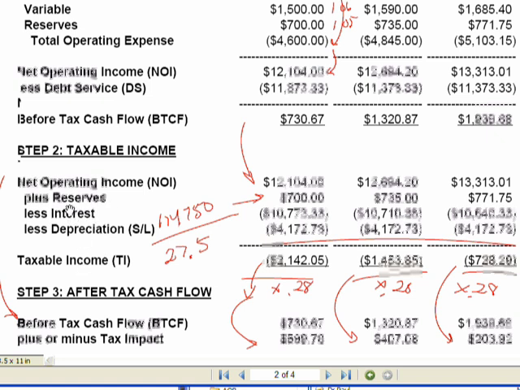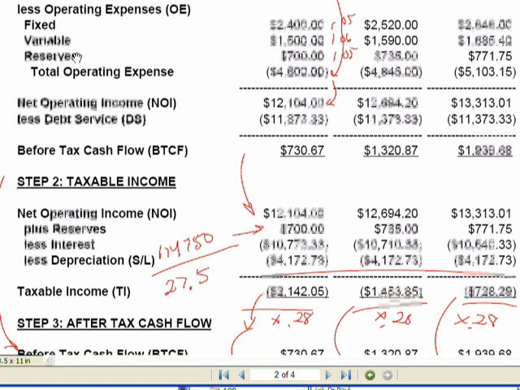The other thing, adding back the reserve, that's not a benefit, okay? But the IRS requires us to add back the reserve if we take a reserve out above. And this is because there's potential abuse by claiming that you have a very large reserve and you'd never have any significant net operating income or taxable income if you're claiming to have such a big reserve.